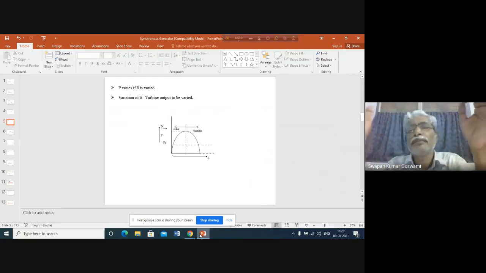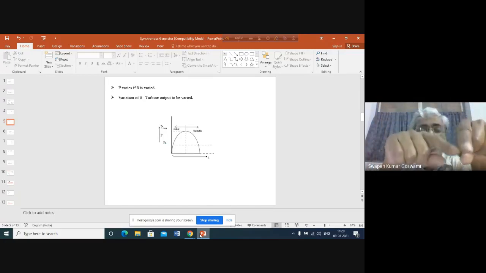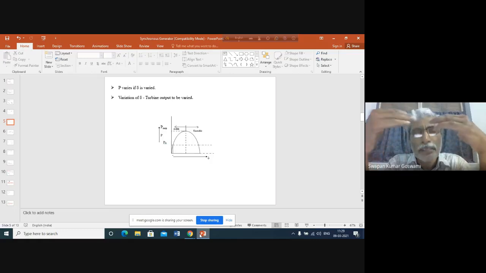Delta will sometimes increase, reach a maximum value, and then decrease, reach a lower minimum value. Again it will increase. In this way there will be oscillations, and we have assumed that there is no loss in the system, meaning we have not even considered frictional loss in the generator.